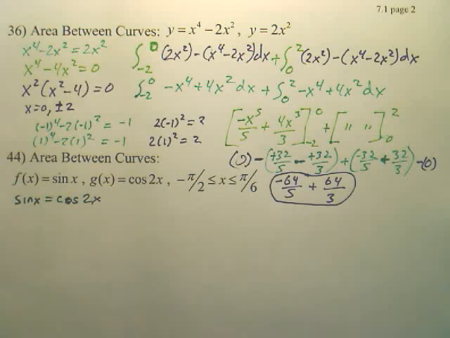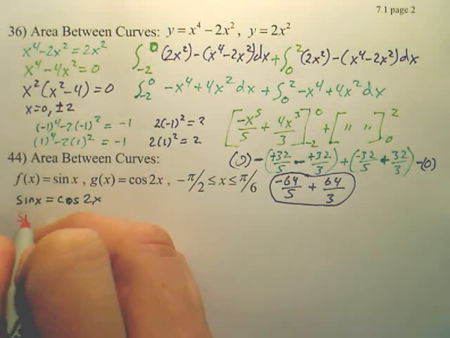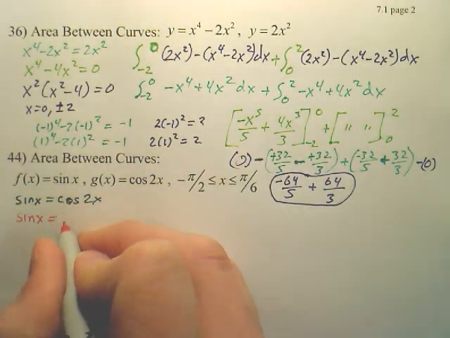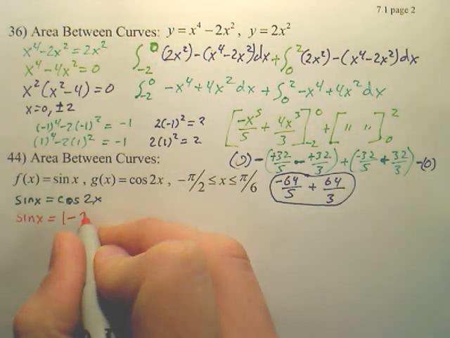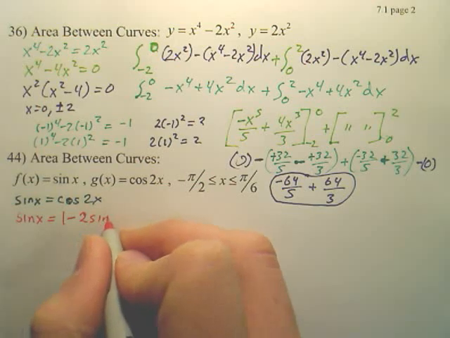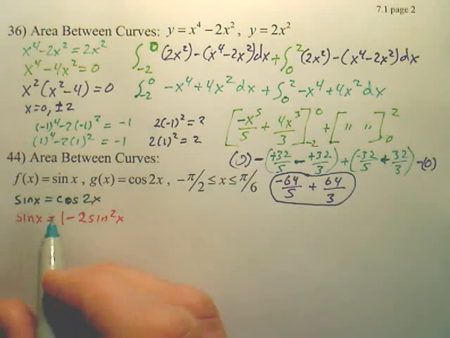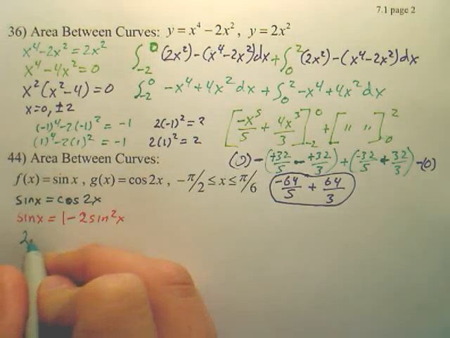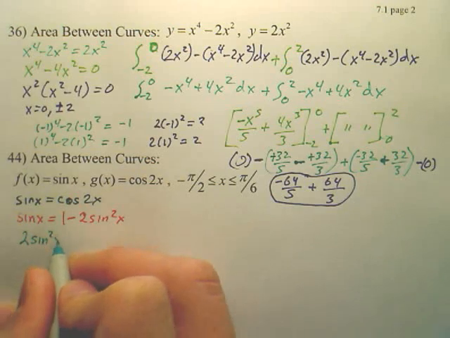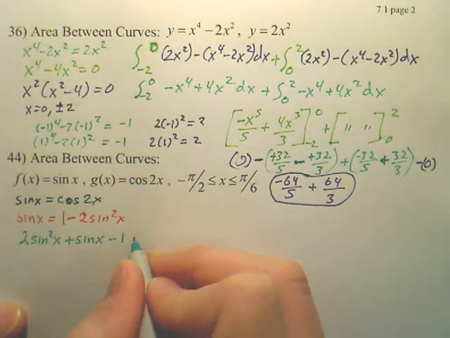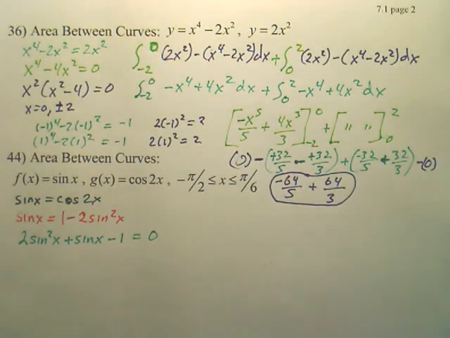But if you use your double angle formulas, you could rewrite this as cosine 2x is 1 minus 2 sine squared x. And then if I move this all over, I get 2 sine squared x plus sine x minus 1 equals 0.